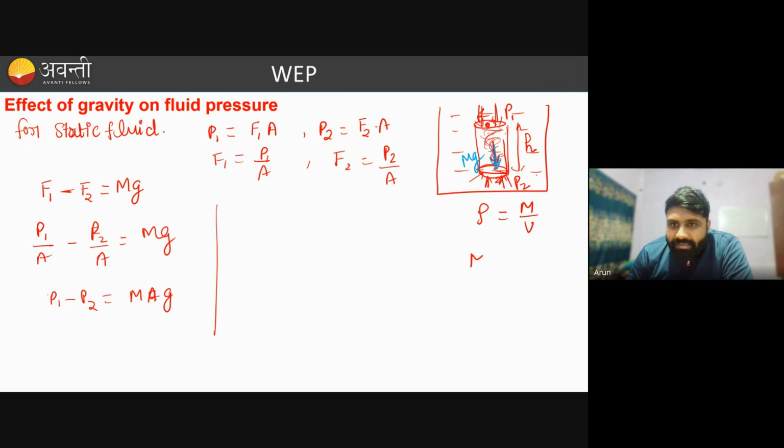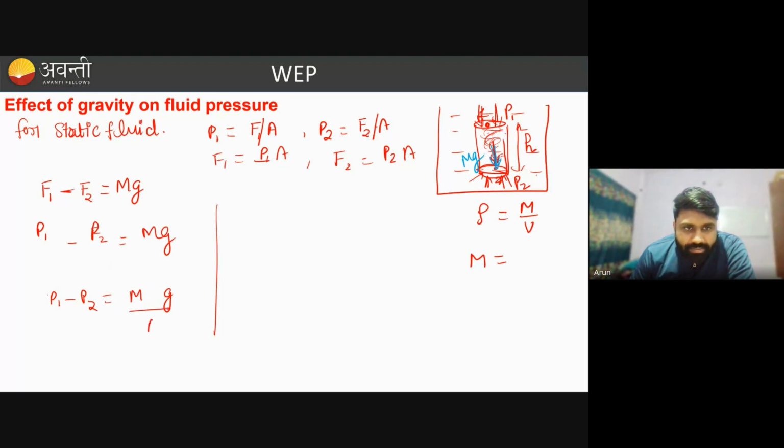So mass is density into volume. Pressure is force upon area, so F1 will be P1 into A, and F2 will be P2 into A. We have taken area as common.